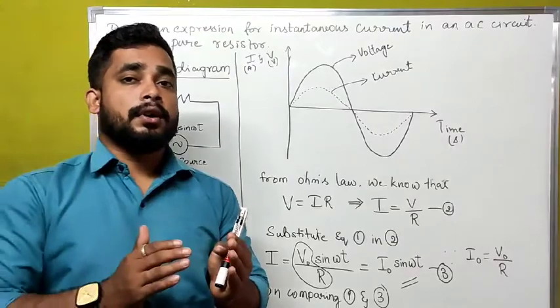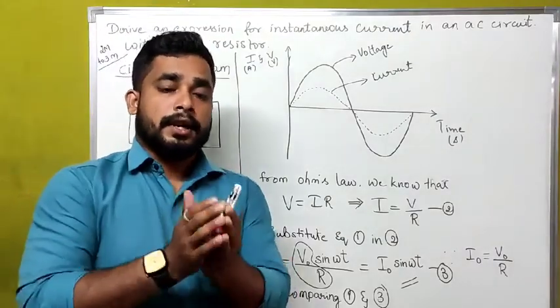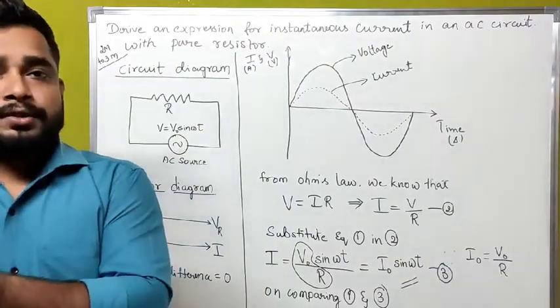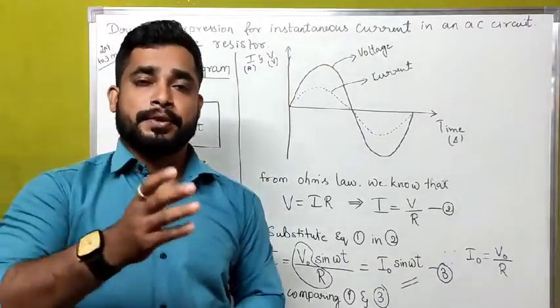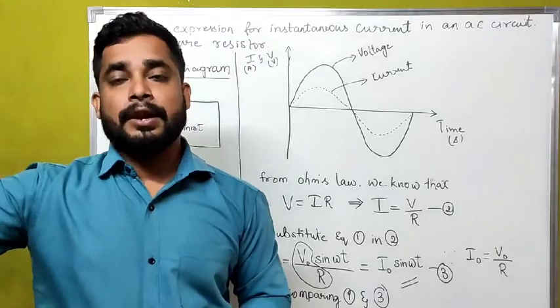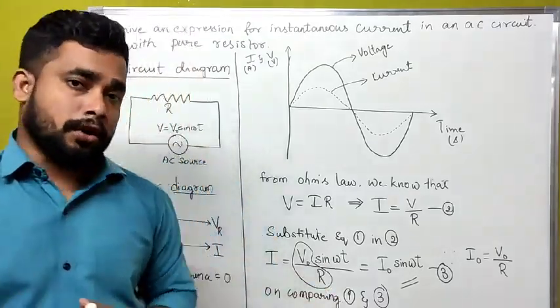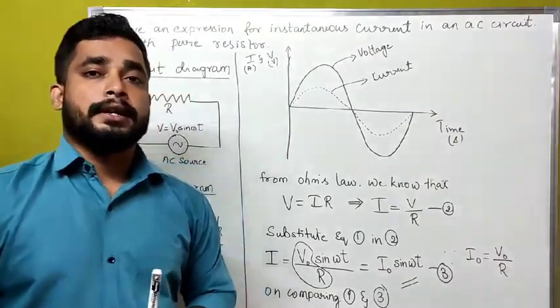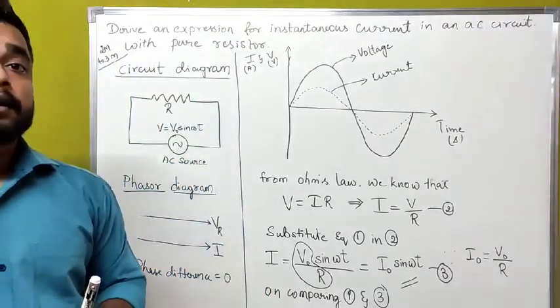They may also ask like this: derive an expression for instantaneous alternating current with a pure resistor and write phasor diagram and represent a graph graphically. They may ask like that. Or show that both voltage and current are in a phase difference.